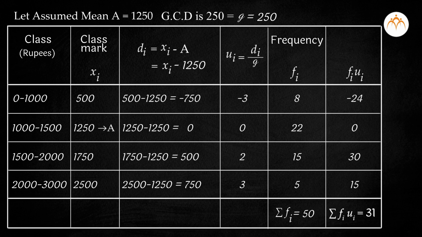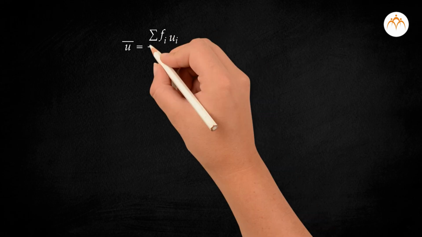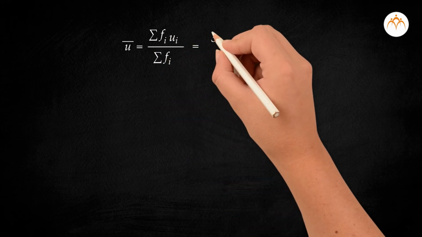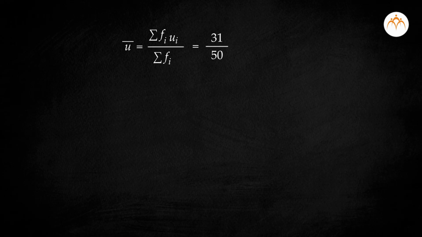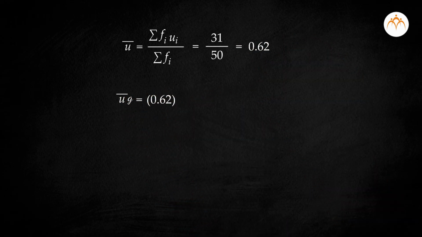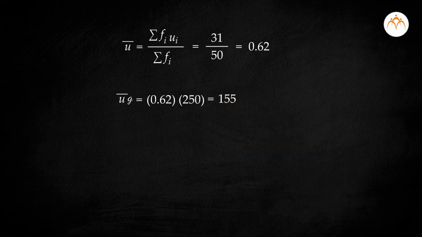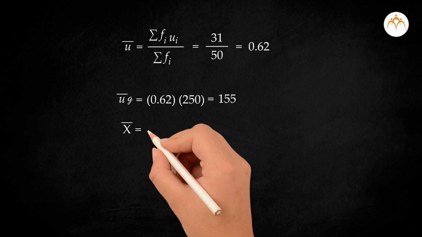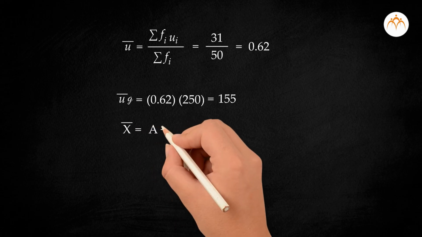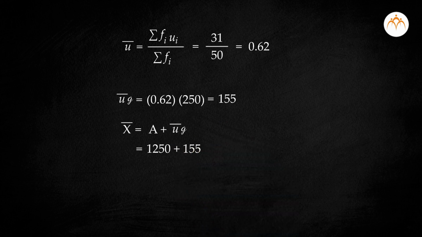u bar is equal to summation fiui upon summation fi, is equal to 31 upon 50, is equal to 0.62. u bar g is equal to 0.62 into 250, is equal to 155. x bar is equal to A plus u bar g, is equal to 1250 plus 155, is equal to 1405.